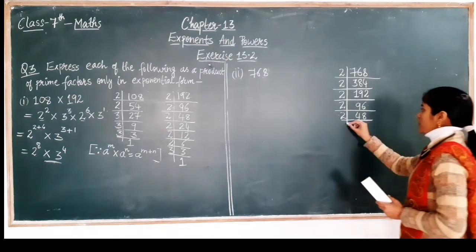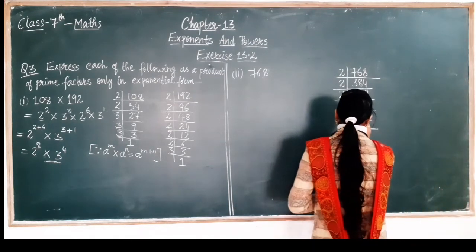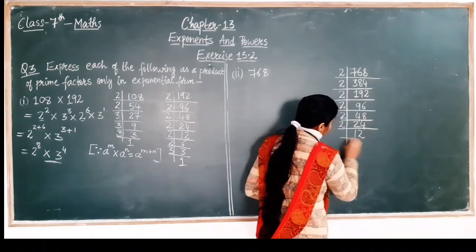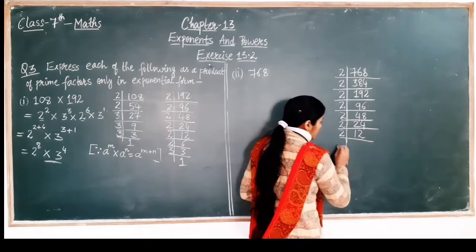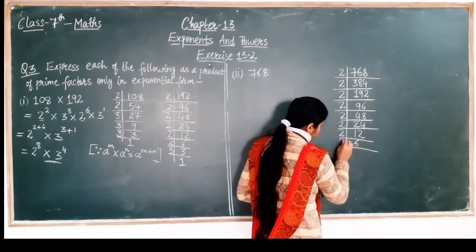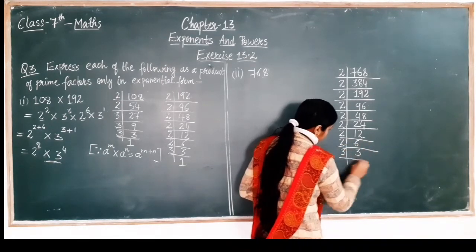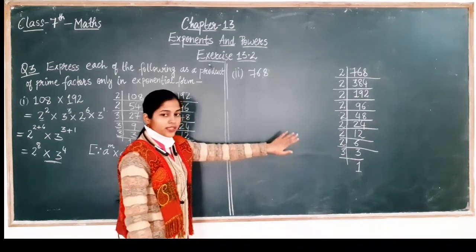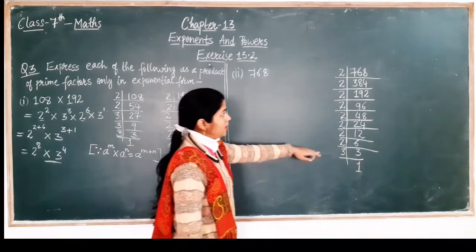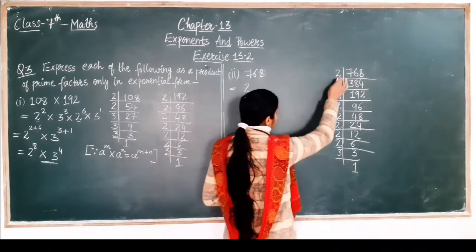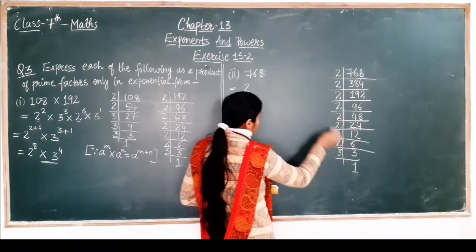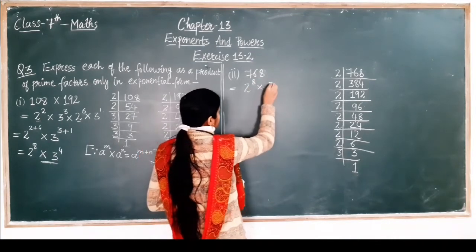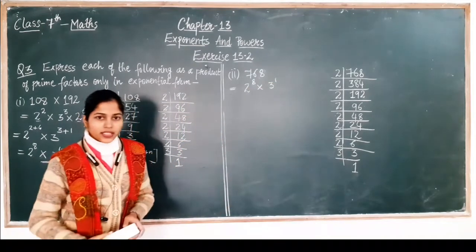Then on further dividing, we will get 24. Then on further dividing, you will get 12. And then on further dividing, you will get 4. Okay. So this is the prime factorization of 768. How many 2's are there? There are 8 2's and 1 3. So this would be our answer.